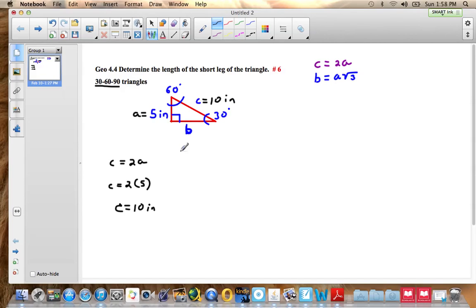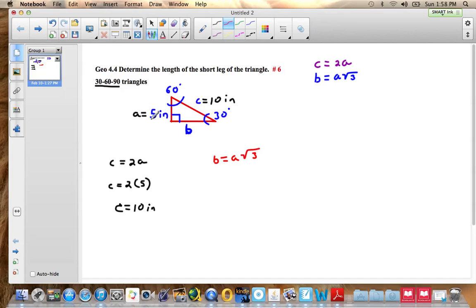Now I know what A is and I know what C is, but I want to determine the length of B. And so I'm going to look at B, and to solve for B, I'm going to use the formula B equals A times the square root of 3.